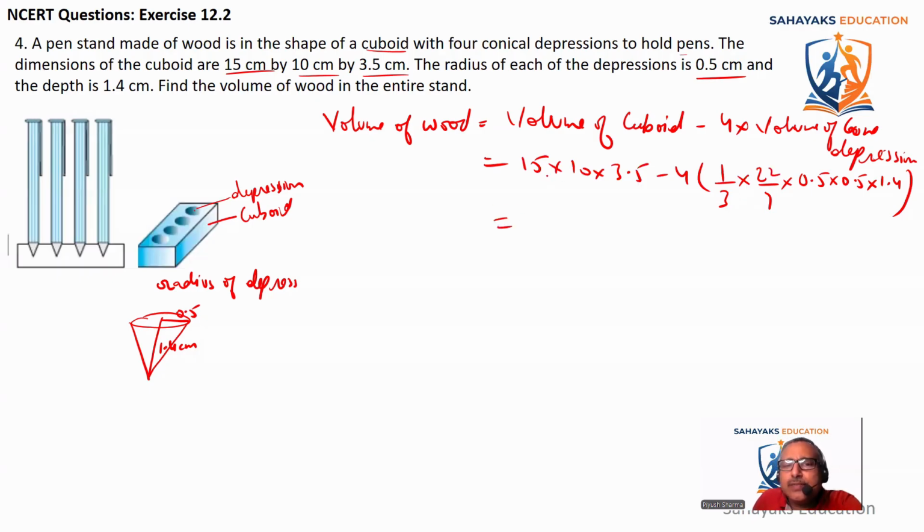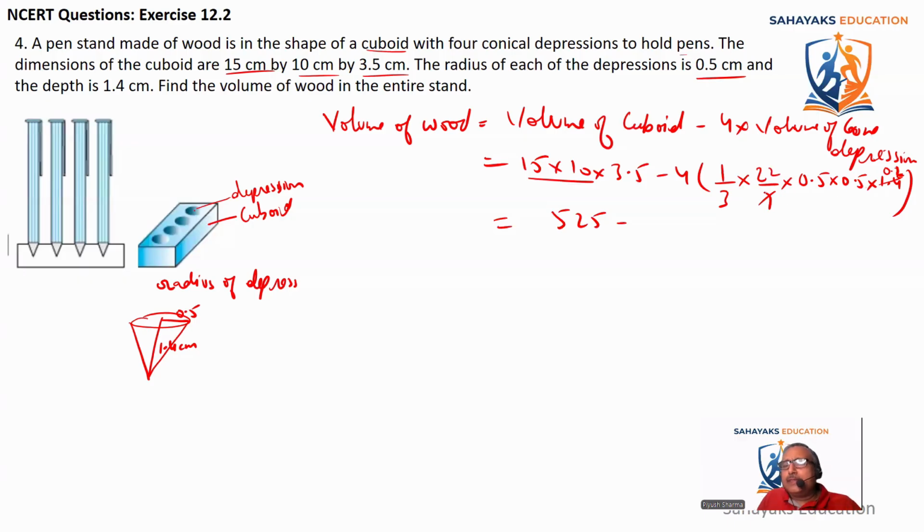So 15 tens are 150, 150 into 3.5 comes out to be 525 minus. Now I can cut 7, 0.2 times 1.4.